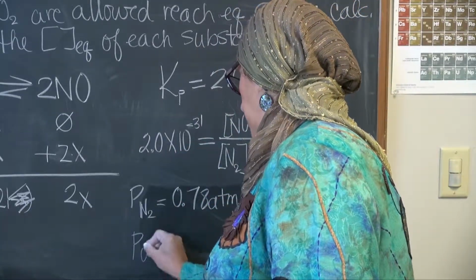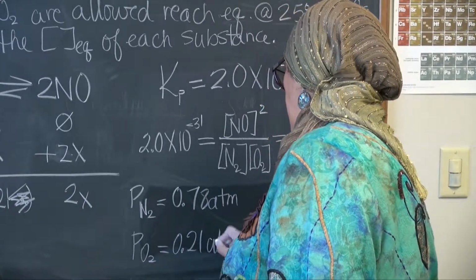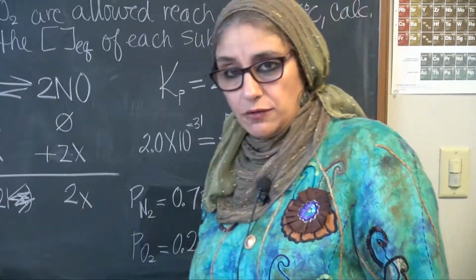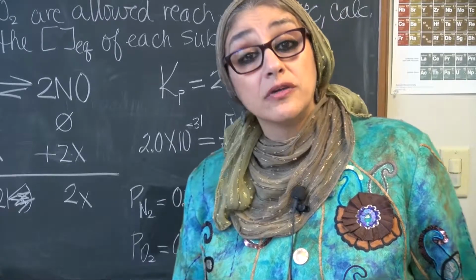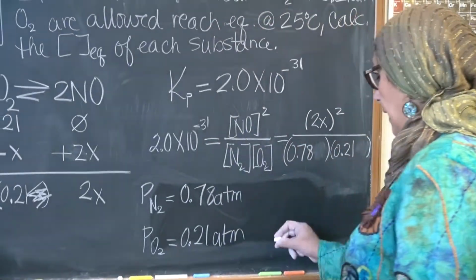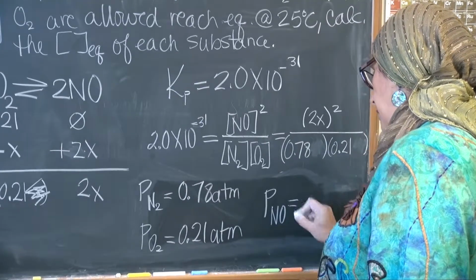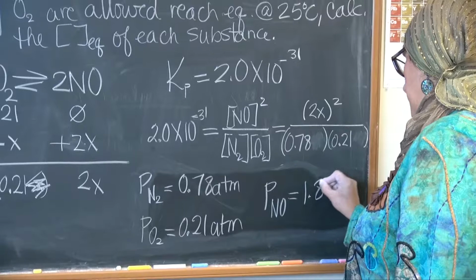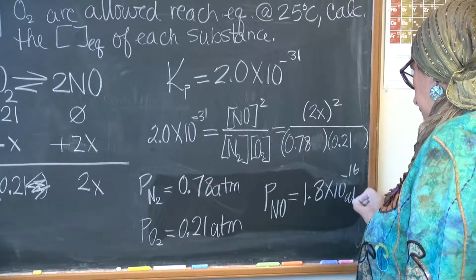And the partial pressure of oxygen is 0.21 atmospheres. Again, our approximation is very sound here because the separation between the initial concentration and the value of K was huge. And lastly, the partial pressure of nitrogen monoxide at equilibrium is going to be 1.8 times 10 to the negative 16th atmospheres.